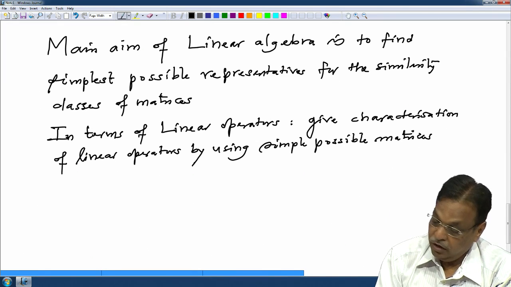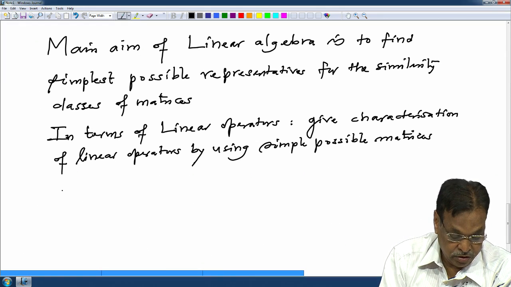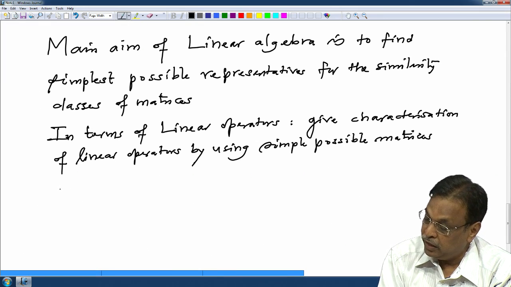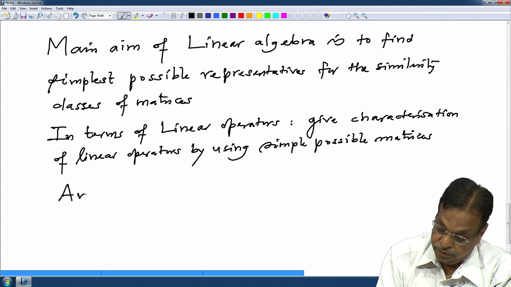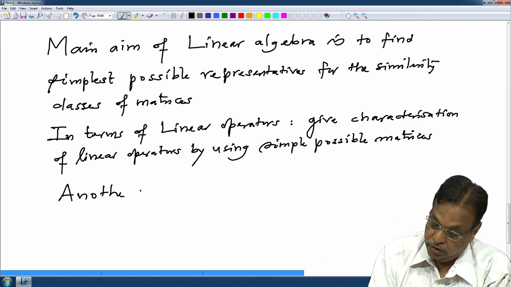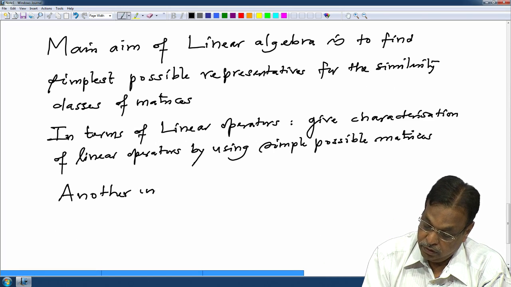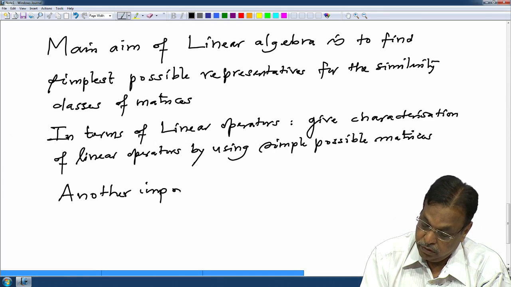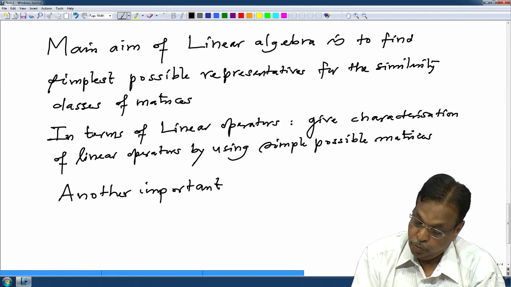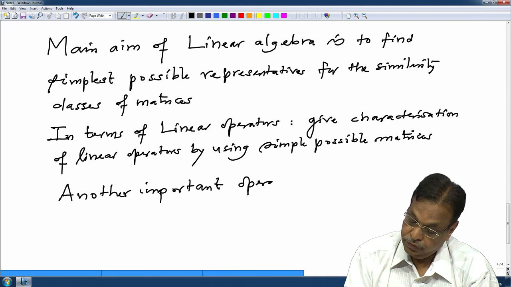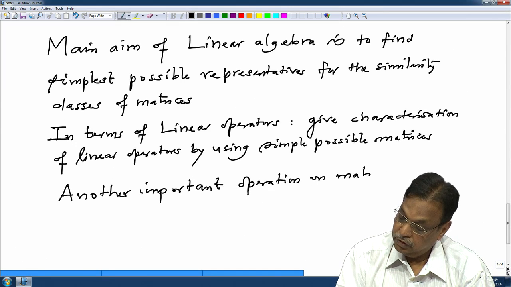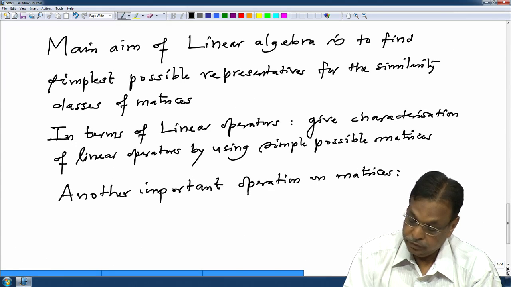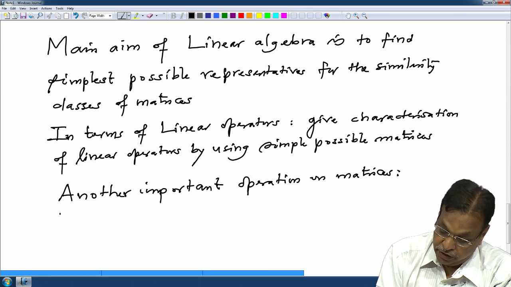Okay. Another important operation on matrices is the following. Let us write it as a definition.